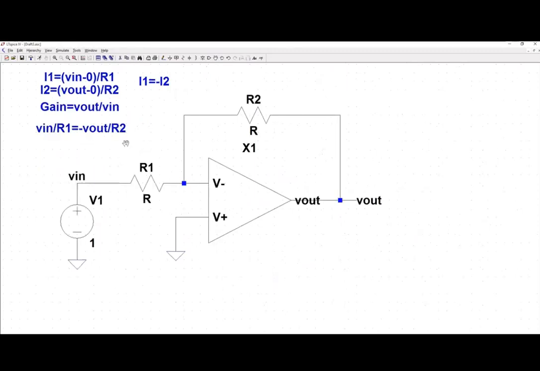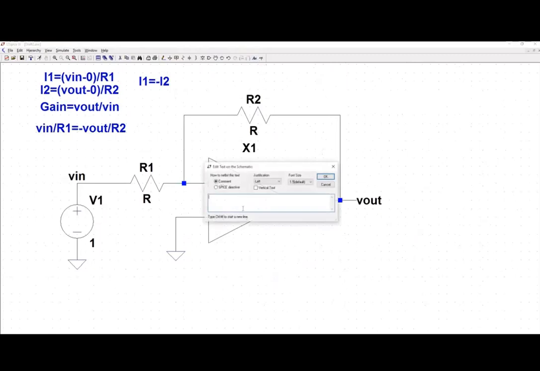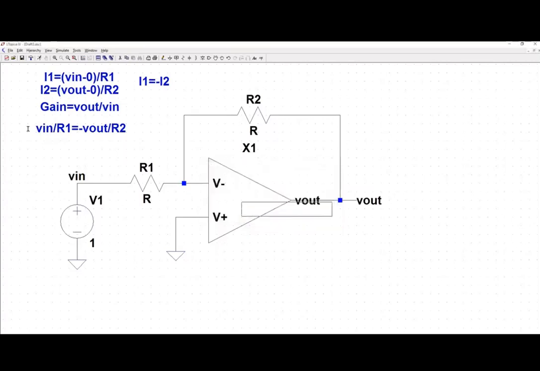If you rearrange these terms, which would just be multiplying both sides by R2 and then dividing both sides by V in, you get that the gain, V out divided by V in, is equal to negative R2 divided by R1. And that's the gain of this closed loop negative feedback inverting configuration.